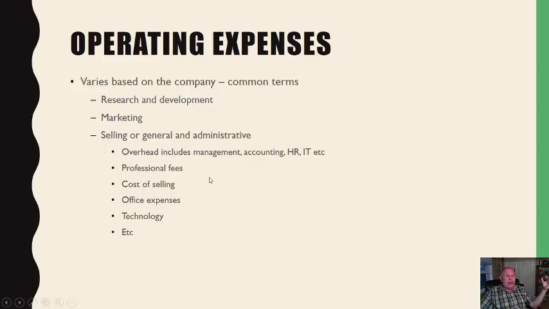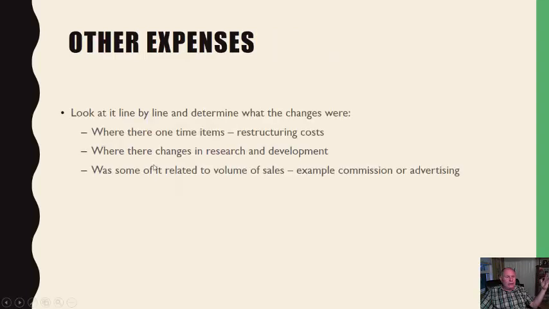This includes overhead. It includes management, accounting, HR, IT, facilities, etc. They're not included in the cost of goods sold. Professional fees, your accountants, your lawyers, cost of selling. Okay, what does it cost to sell something? Office expenses, technology, etc. So there are a lot of different breakdowns.